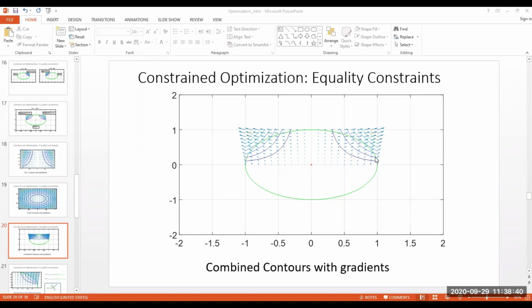Intuitively, probably this is the point. You see, the control line will give me a higher value than all these, along this control line, which is just touching, just tangential to my circle.